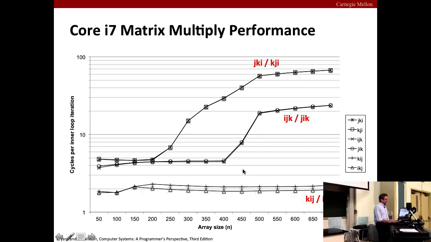The IJK pattern, with 1.2 misses, is in between. And JKI, which has 2 misses per iteration, is the worst. What's interesting is that just by doing a simple analysis, we could actually predict what this graph would look like.